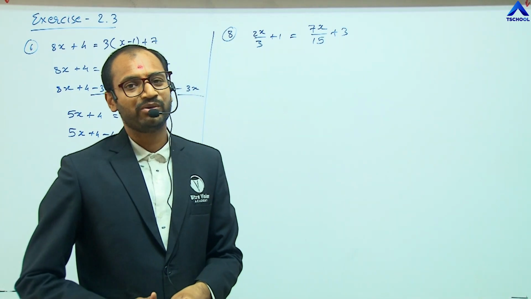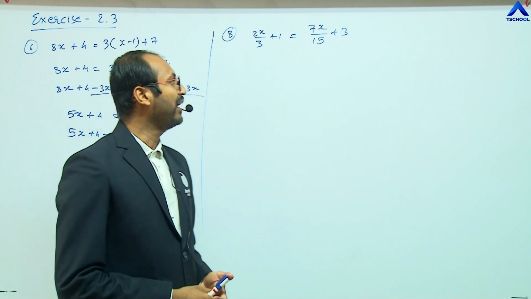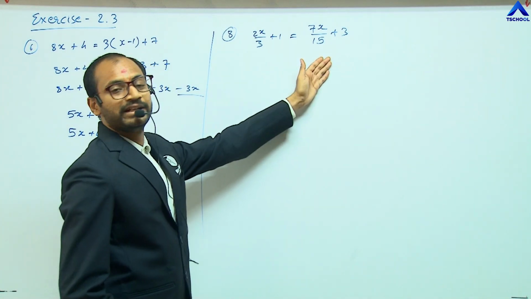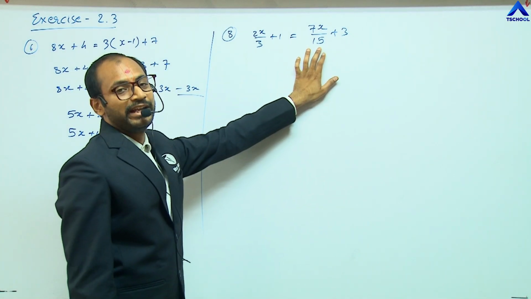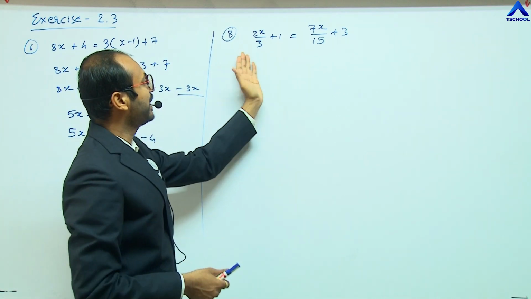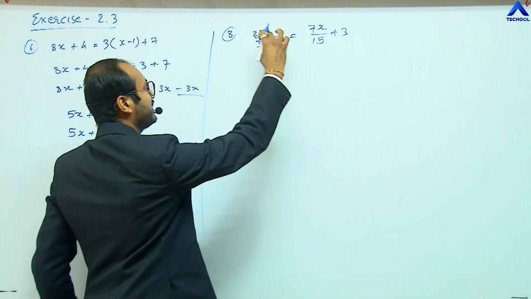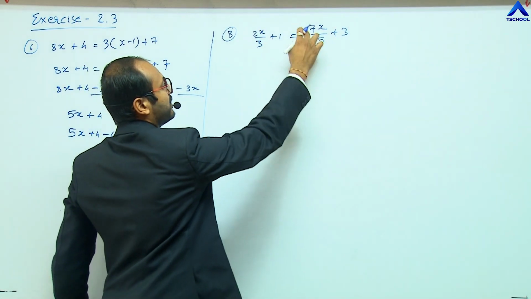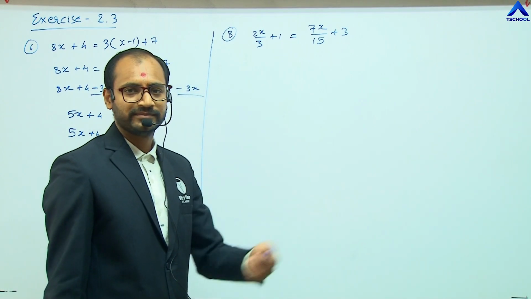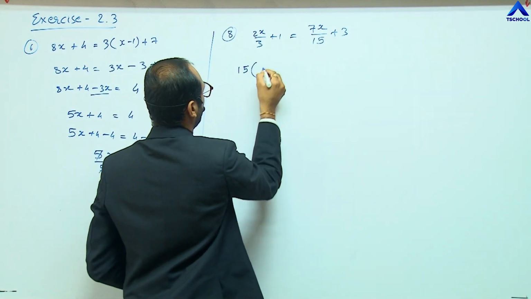So what we have to do? Here we have to multiply by 15 on both sides to remove this denominator. Clear? We can simplify the rational numbers 2 by 3 and 7 by 15 into integers. So let me multiply by 15 on both sides.